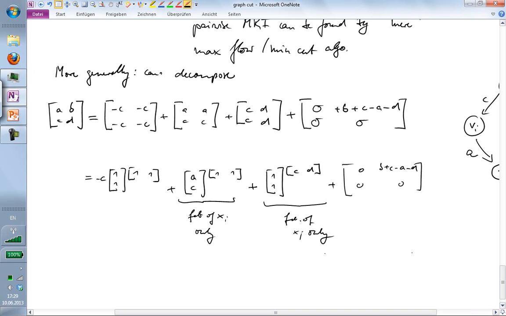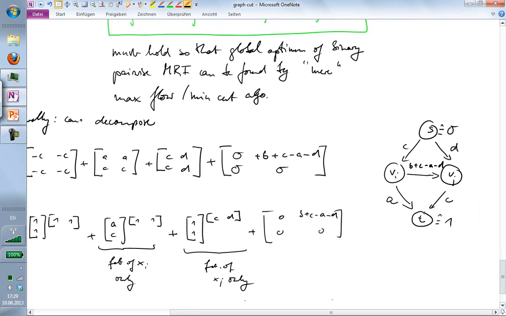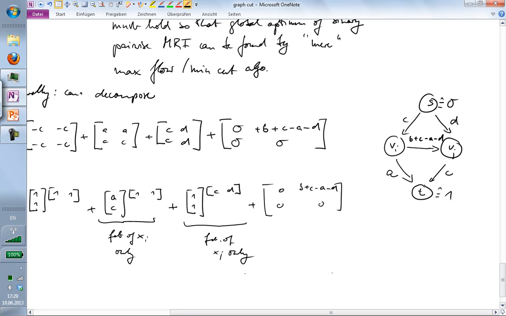And now I'm left with this more complicated edge, which goes from i to j and has a capacity of b plus c minus a minus d. And we can now verify that all the cuts still give us the correct energy. So let's take, for example, this cut here.